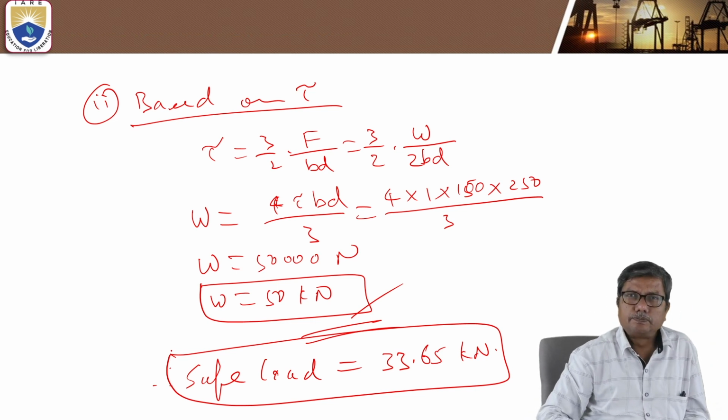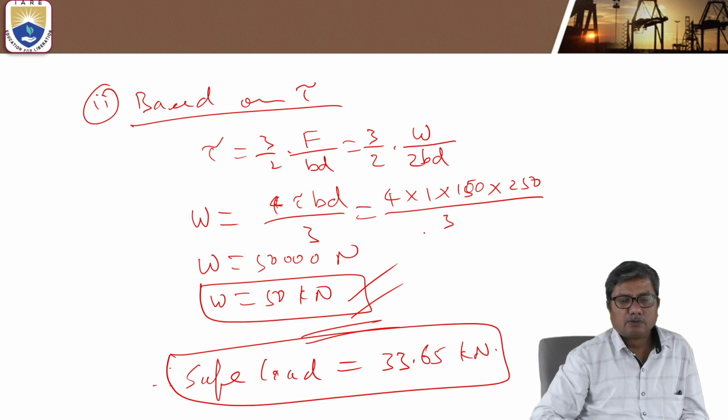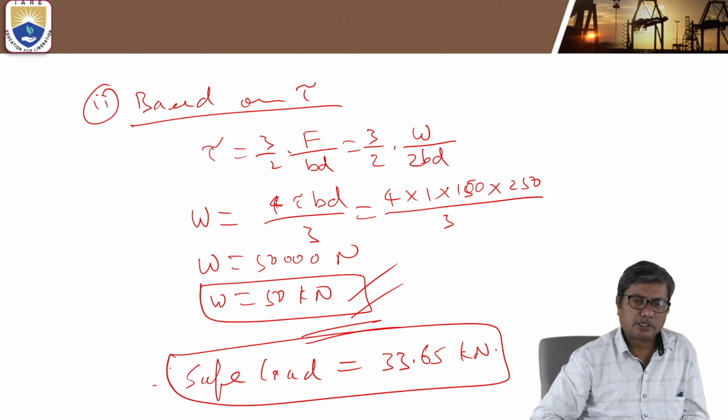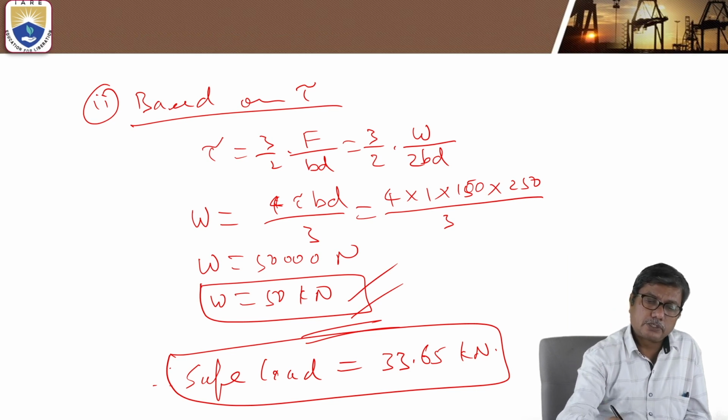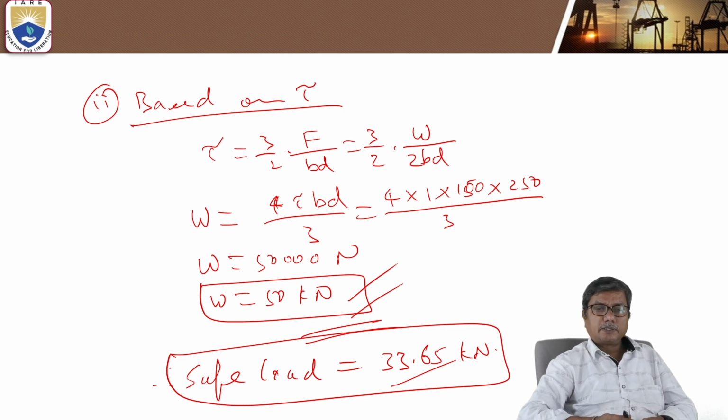The safe load is the least of these two loads, one based on limiting shear stress and the other based on limiting bending stress. So the least of these two will be the safe load that can be applied.